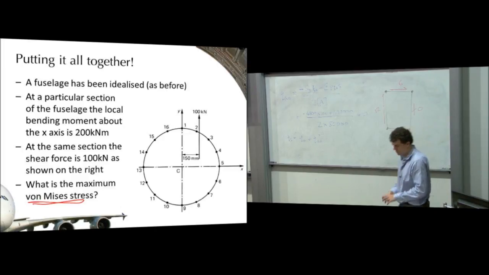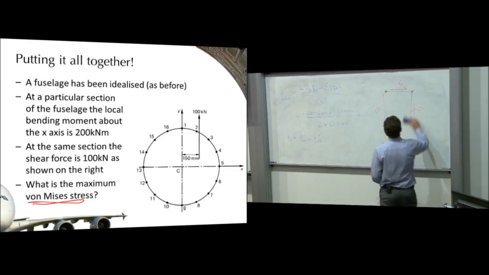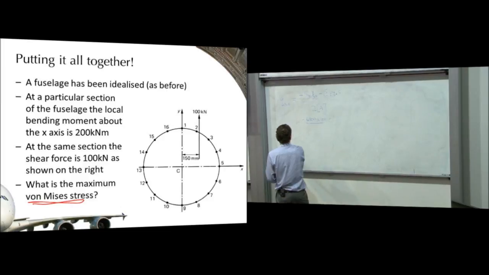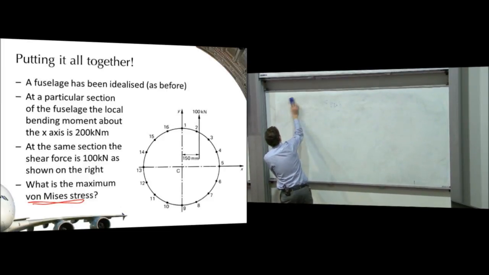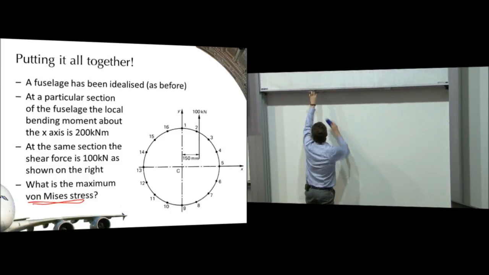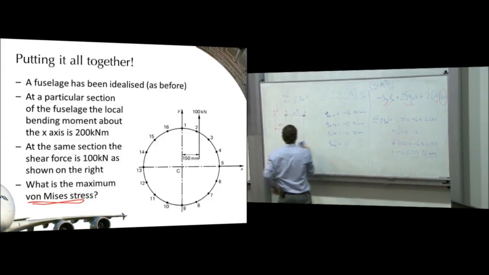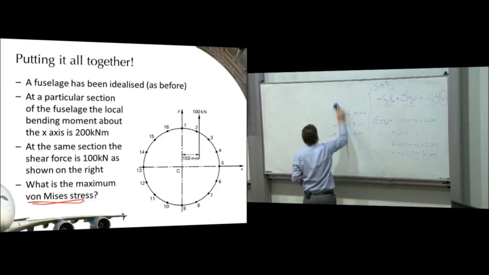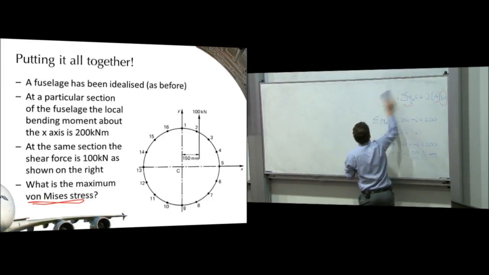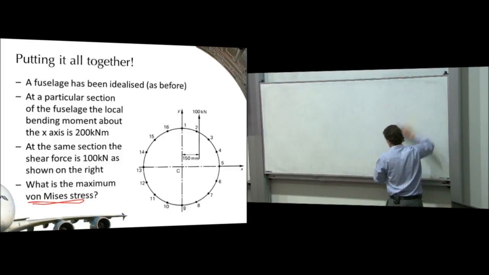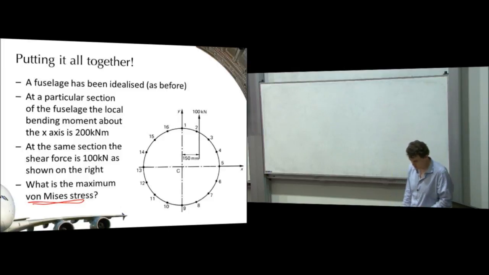So I've jumped ahead a couple of chapters to get a more realistic problem. So this is our idealized fuselage section.